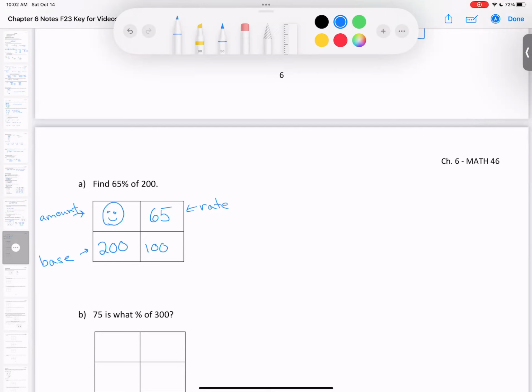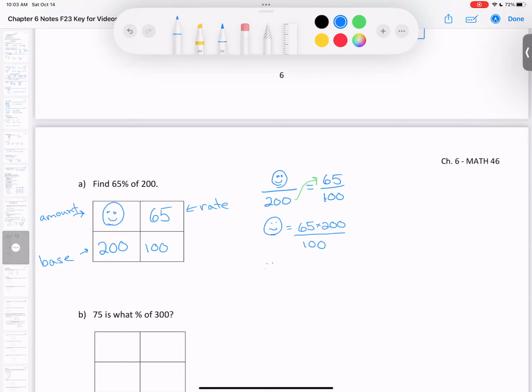So we're going to have some smiley face over 200 equals 65 over 100. And now we want to get rid of that 200 from the left-hand side. So what we could do is we can move it up across the equal sign. And then we're going to have our smiley face equals 65 times 200 over 100.